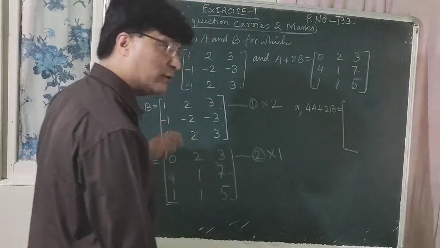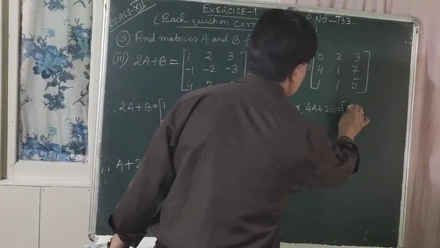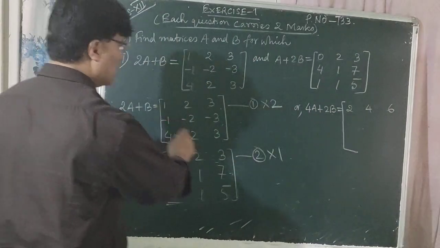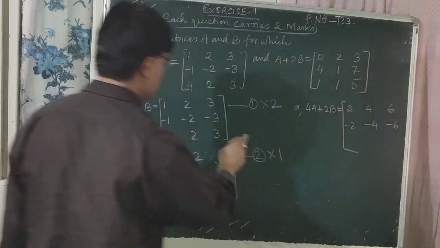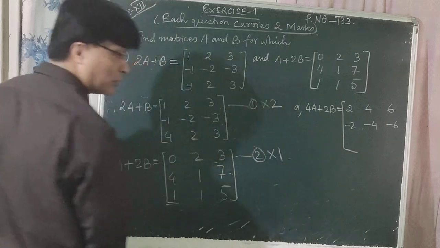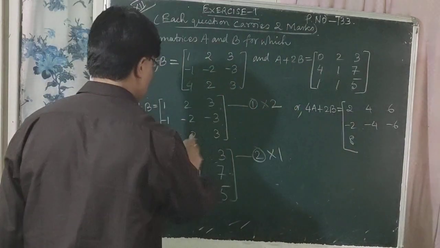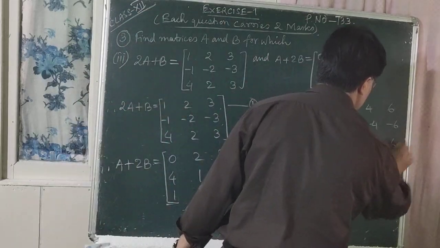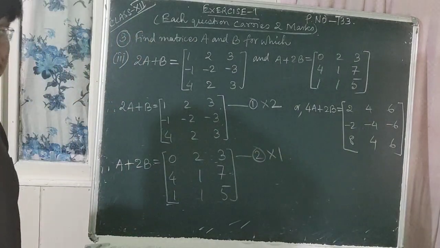What do we get? 2 1s are 2, 2 2s are 4, 2 3s are 6, right? Similarly here, minus 2, minus 4, minus 6. Understood? 2 into minus 1 is minus 2, 2 into minus 2 is minus 4, 2 into minus 3 is minus 6. Again, 2 4s are 8, 2 2s are 4, 2 3s are 6. So this is your 4A plus 2B.